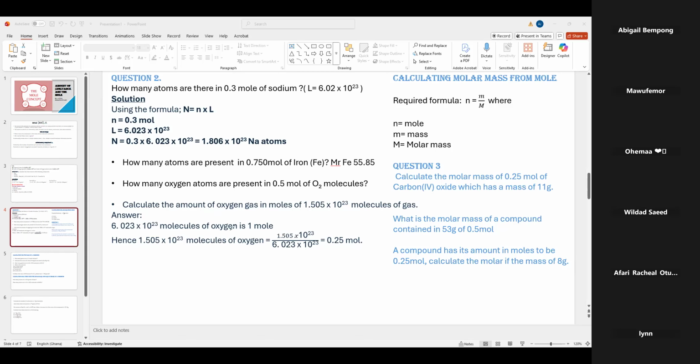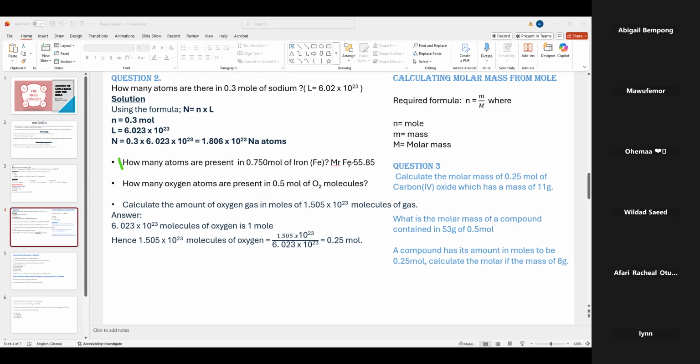Sure, sir. Sir, please, I have a question. If you have a question, please ask. The second question says, how many atoms are present in 0.750 mole of iron? The symbol being Fe, Mr Fe is 55.85.